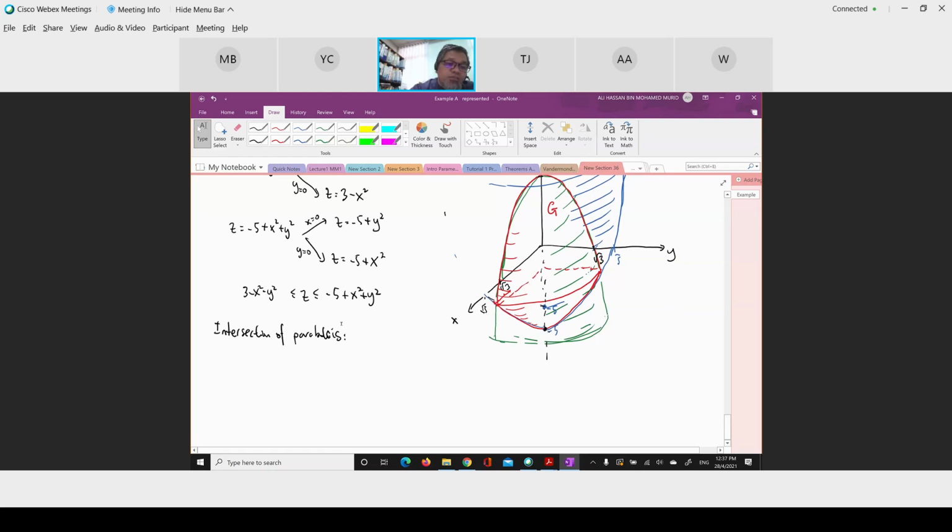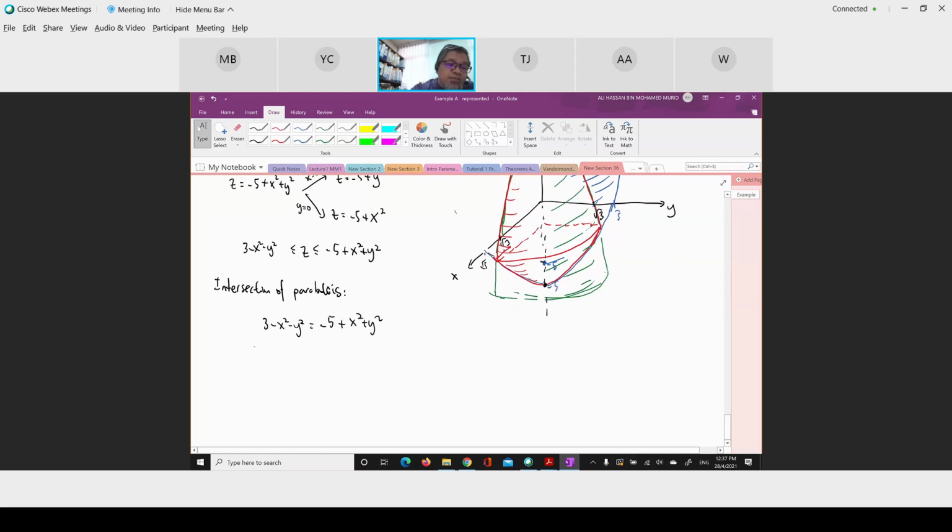We equate the two paraboloids: 3 minus x squared minus y squared equals minus 5 plus x squared plus y squared. So this implies we have 2x squared plus 2y squared equals 5 plus 3, which is 8. Yeah, which is a circle, right? x squared plus y squared equals 4.